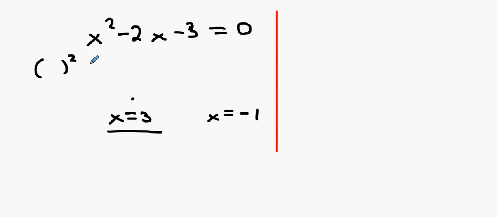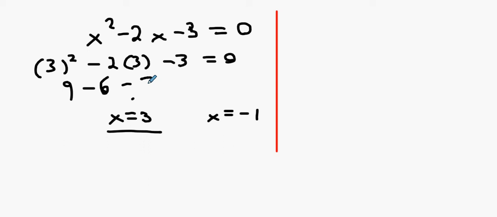So if I take out the x's and substitute in 3, what should happen is the equation should balance. You should get 0 equals 0. 9 take away 6 minus 3. 0 equals 0. This verifies it's an answer, yeah? So it'll work for minus 1 as well.